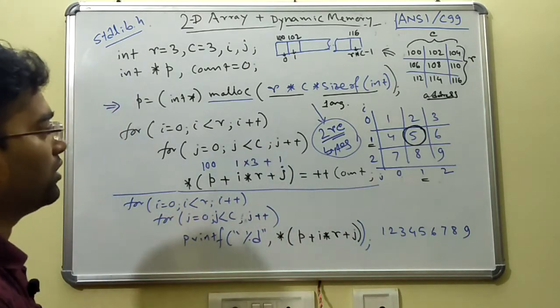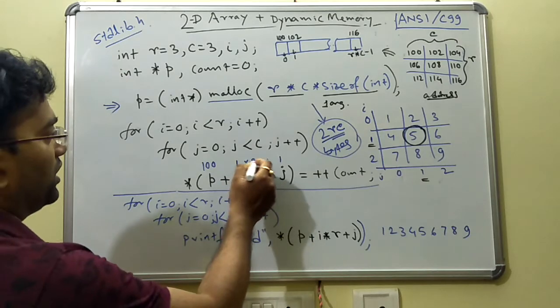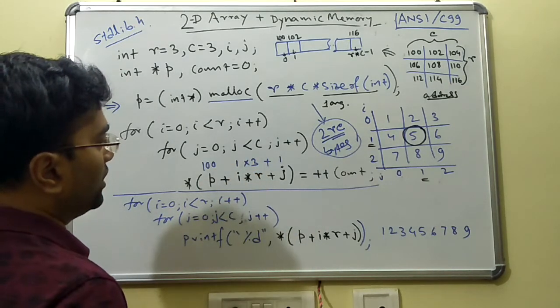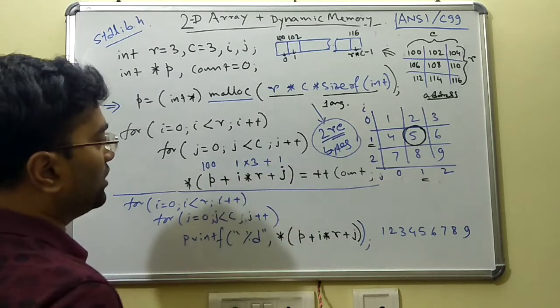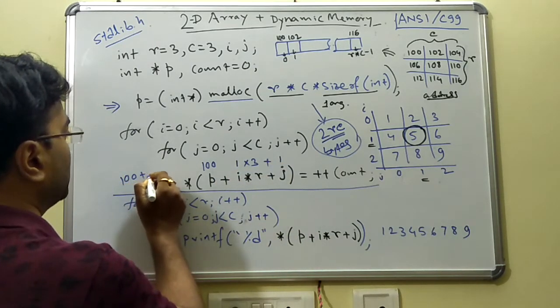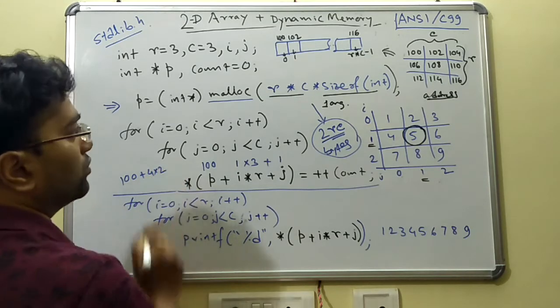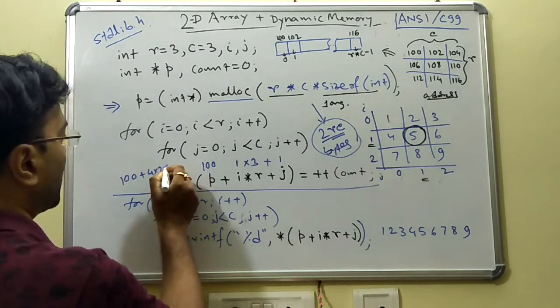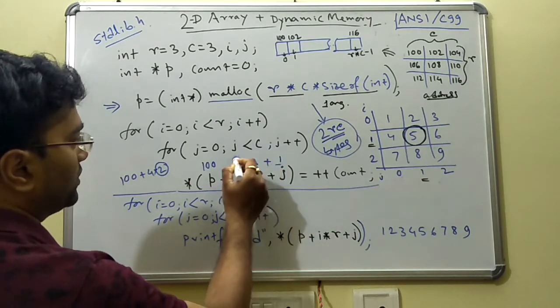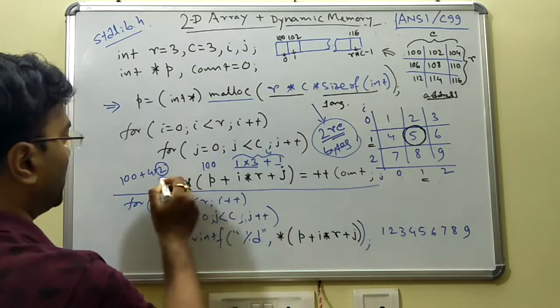So let's check. 3 into 1, that means 3, and 3 into 1 plus 1 is 4. So 100 plus 4 into 2. Why have I multiplied this 4, which is 3 into 1 plus 1, by 2?